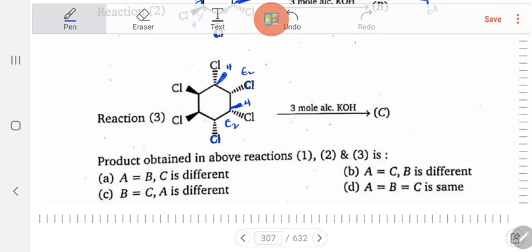Now again here there is a hydrogen below the plane and this chlorine above the plane. Again there is one E2 forming a double bond here. So you will get a double bond here and here and here. So finally the product will be bond, bond, bond. You got chlorine here and chlorine here and chlorine here.